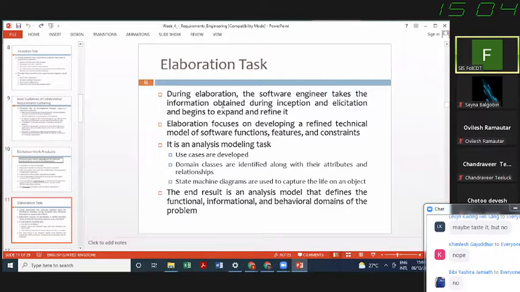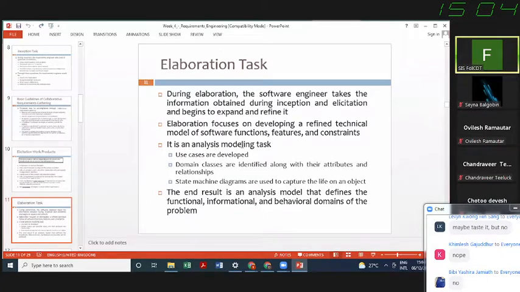During this process, the software engineer takes the information obtained from inception and elicitation and begins to expand it. So we are expanding it and refining it also. Elaboration focuses on developing a refined technical model of software functions, features, and constraints.